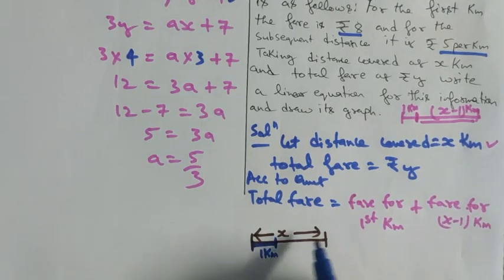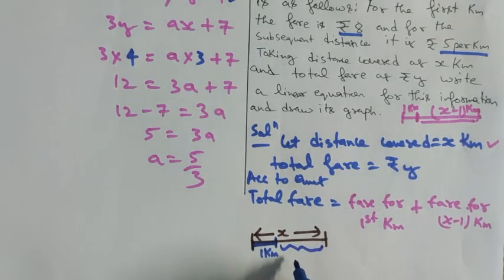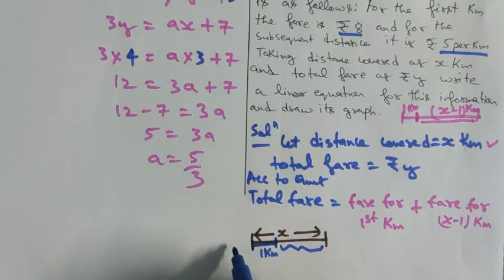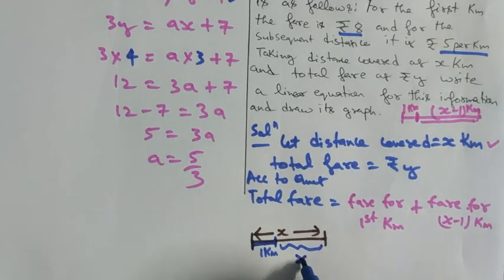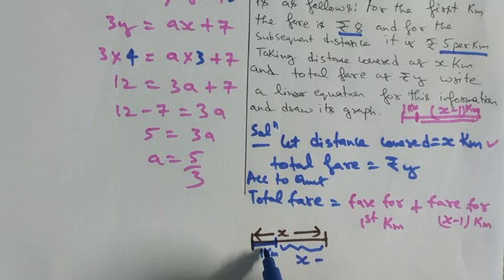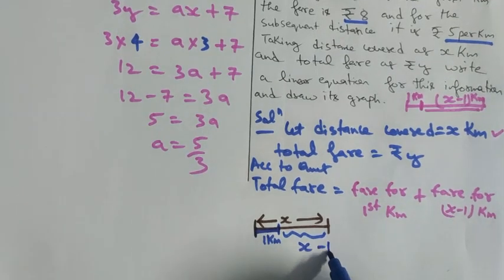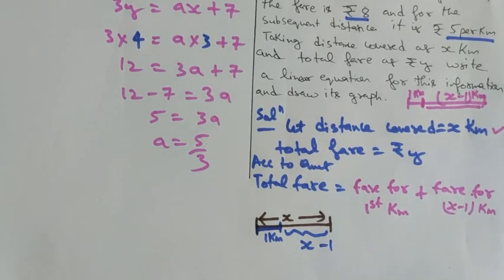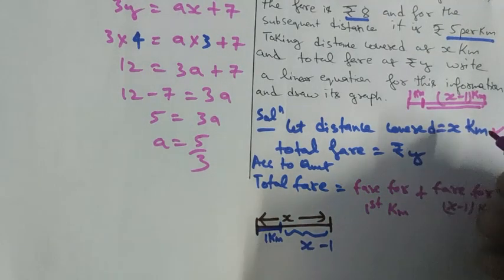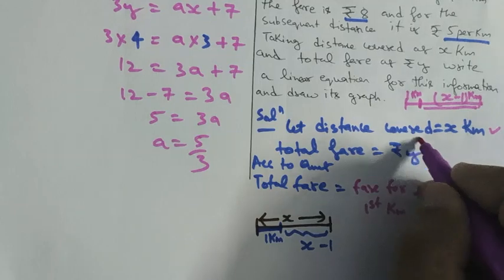If the total distance the car has to cover is x kilometers and the car has covered 1 kilometer, the distance left will be equal to the total distance x minus the distance already covered, that is x minus 1 kilometer. Got it? So here, what is given? Total fare is given. Total fare is rupees y.